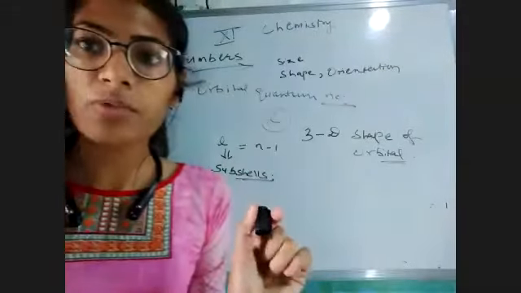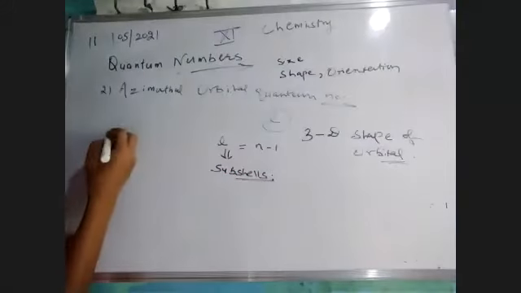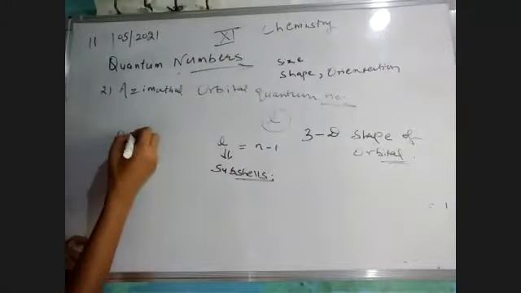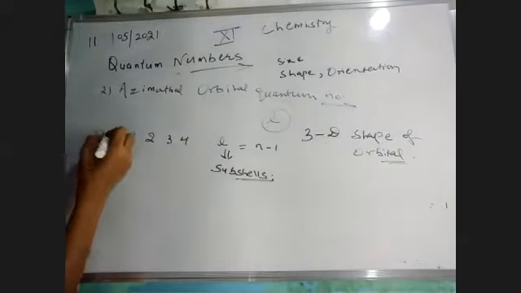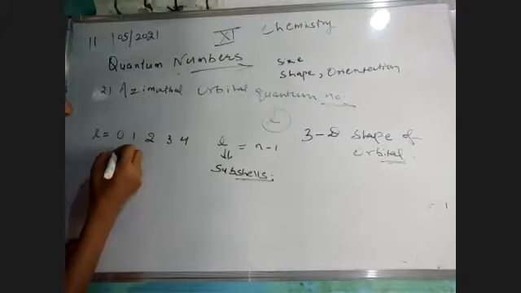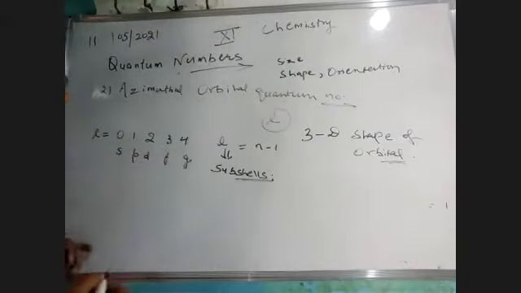And most importantly, this is the most important topic that I'm going to share with you: if the values are 0, 1, 2, 3, 4, then we represent them as s, p, d, f, g, and so on.